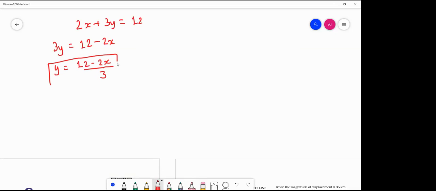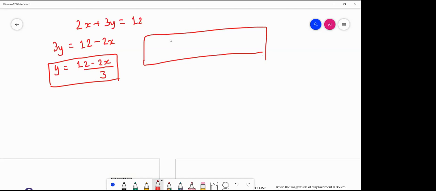So now I got this y in terms of x. Now to find the solution, what I need to do? I will take different values of x for which I will get different values of y. Always try to put x equal to 0 in all cases. So x equal to 0.